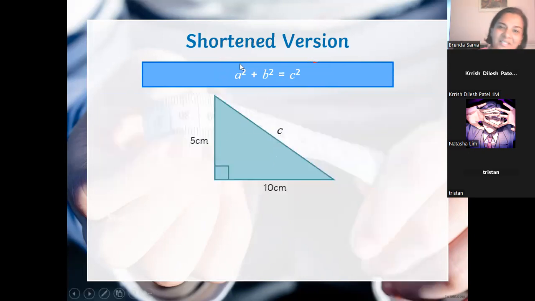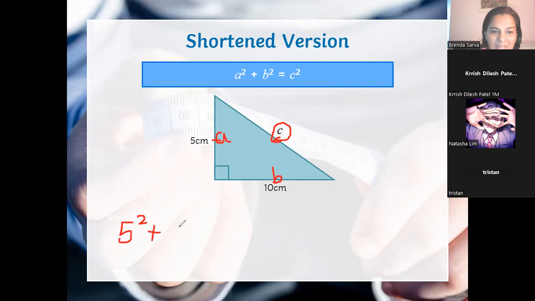Okay, let's go to the question here. So this is your A side. Okay, remember, this is your B side. And this is your C side. Yeah, 20 years plus already I've been teaching. Okay, this is your C side, your hypotenuse. So A squared, 5 squared, plus B squared, 10 squared.